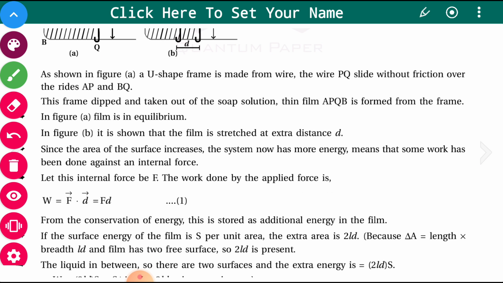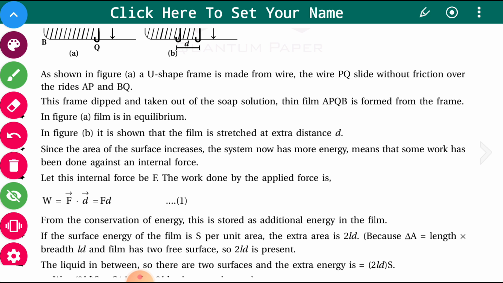Now, since the area of the surface increases, the system now has more energy, which means that some work has to be done against the internal force. Now this work done is nothing but force into displacement, so it is Fd cos theta. Force is in this direction, displacement is also in the same direction.